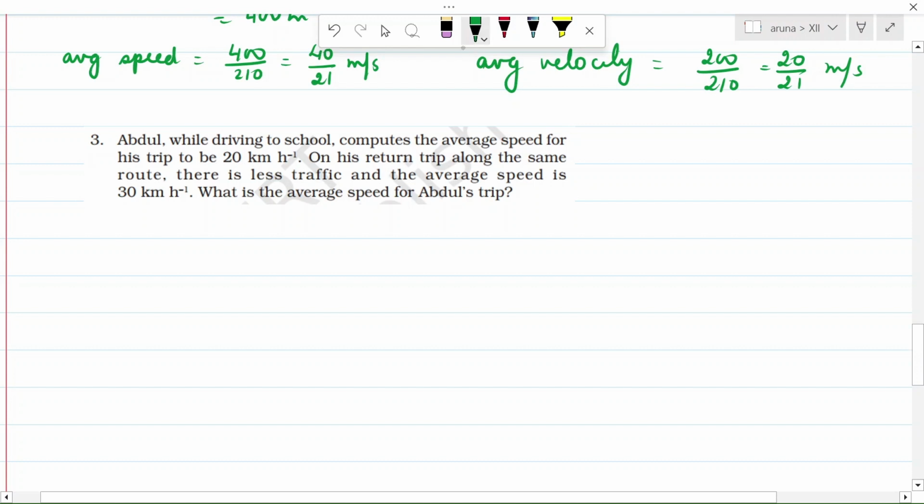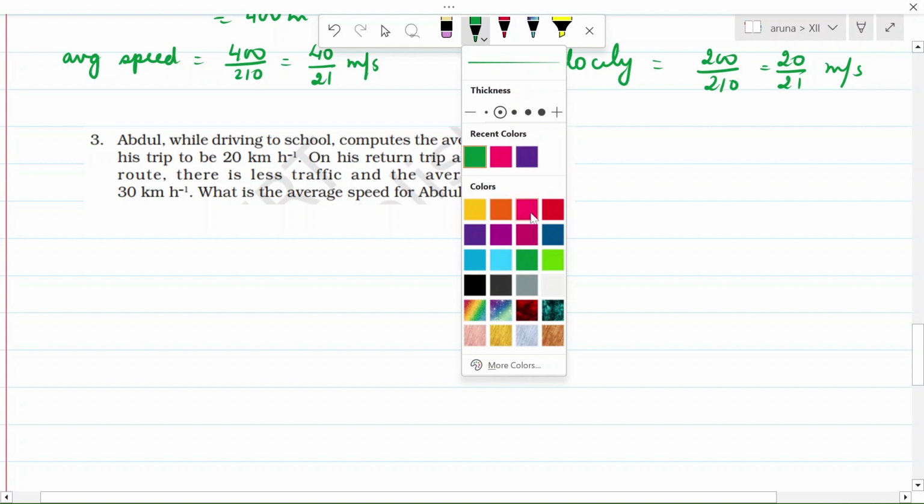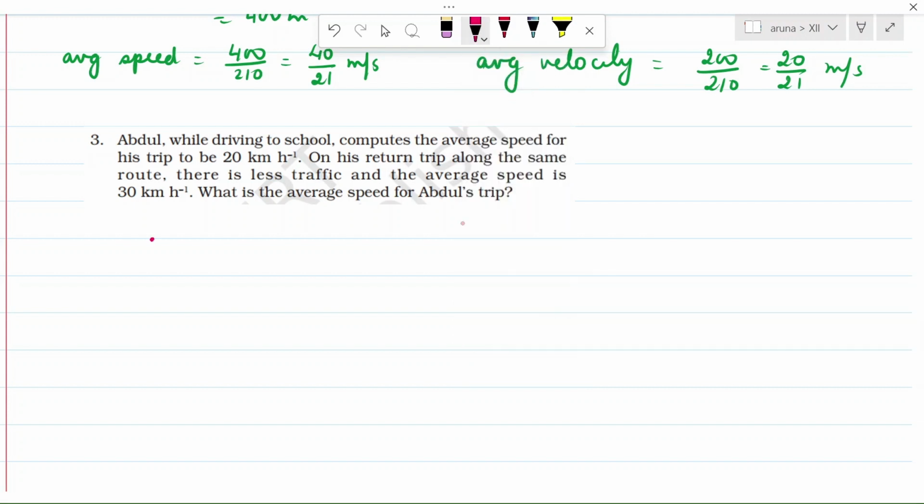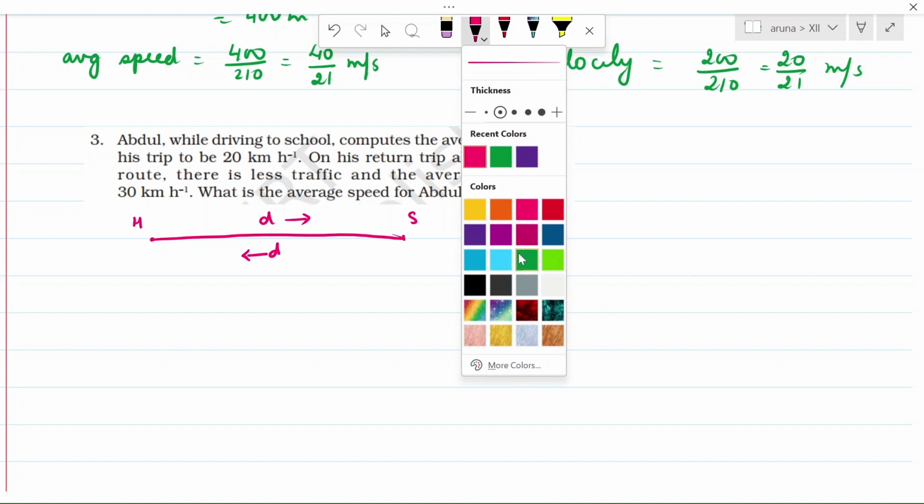So just again look at the diagram. You have one road like this. This is say home and school. So distance is d while going and d while coming. That is the catch over here. So once you understand this concept, then it becomes easy for you to solve.